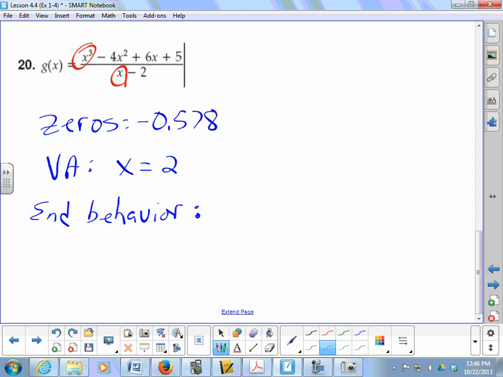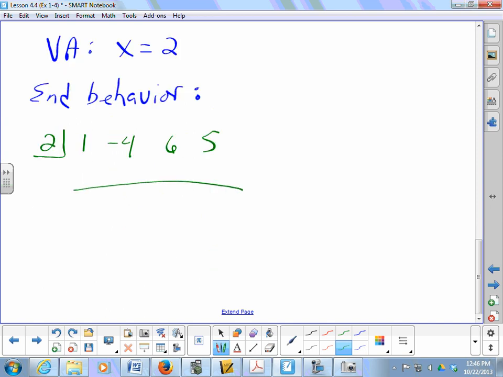So we'll divide using synthetic division again, since they're being nice to us. They better be nice, that's what they gave us the most annoying zero. So we do the synthetic division, and once again, we do not care about the remainder.